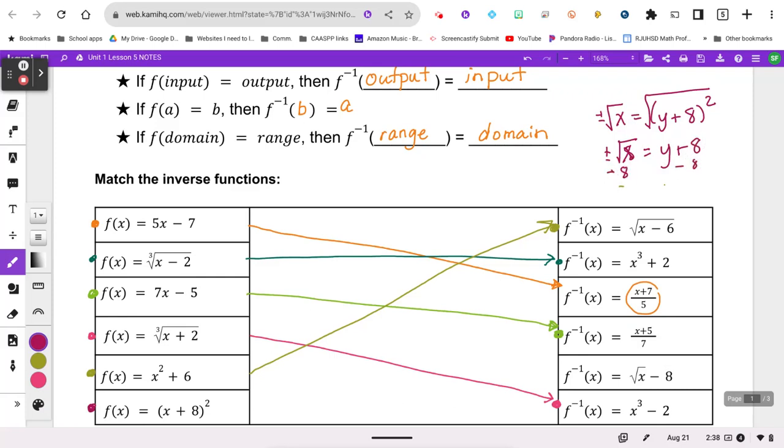Remember, we can't go square root of x minus 8 because it is a square root, and square roots are very, very picky. We could just do square root of x minus 8. Usually I like to put it in the front, but either way it works. And it's going to match up to this problem.